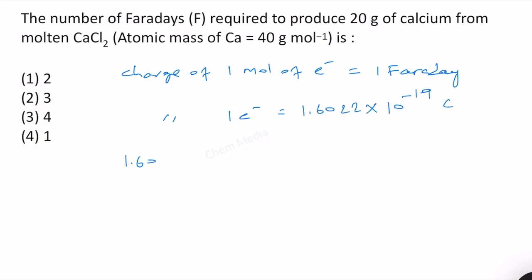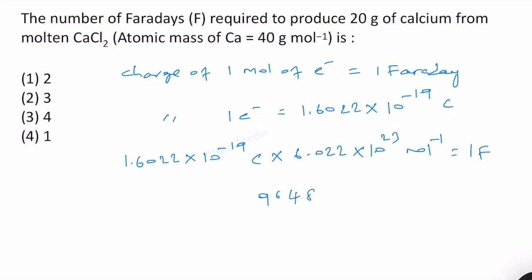This value multiplied by Avogadro number, 6.022 times 10 to the power 23 per mole, is what 1 Faraday is. This is equal to 96,485 coulomb per mole, that is 1 Faraday.